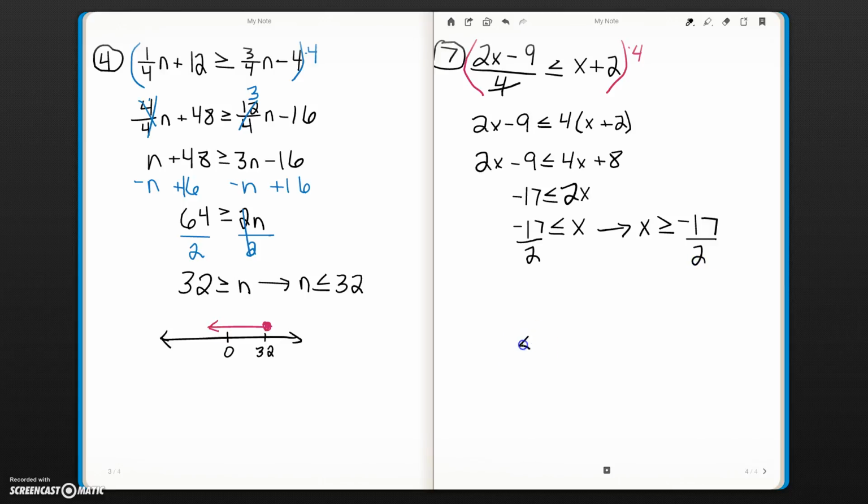Alright, so then again, come down here to our number line. So we have 0 here, and 2 goes into 17 like 8 times with 1/2 left over. So we'll just say this is negative 8.